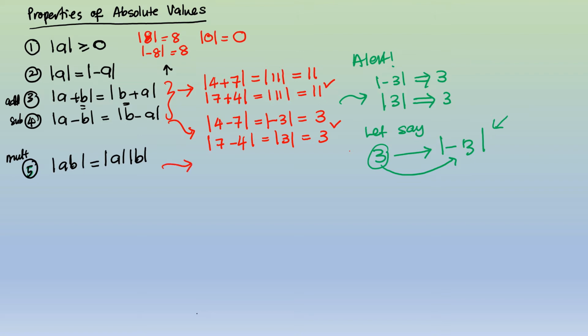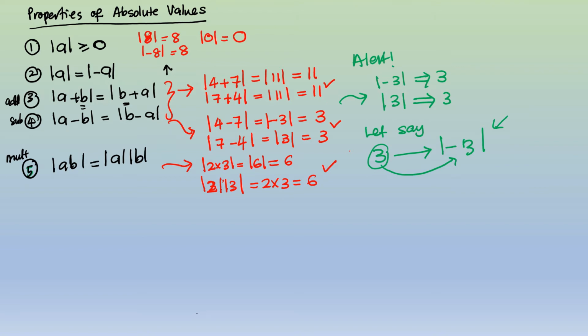Let's give a simple number. Modulus 2 multiplied by 3 is equal to modulus 6, so it is equal to 6. So we change it as individual multiplication. So it will be modulus 2 multiplied with modulus 3, equal to 2 multiplied by 3, we get 6. So it is the same.